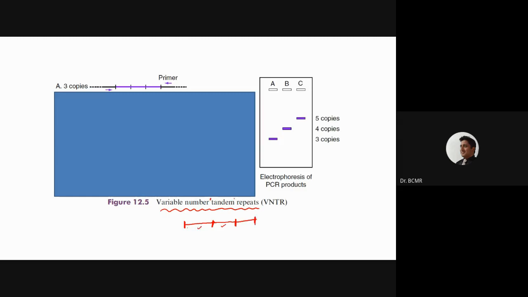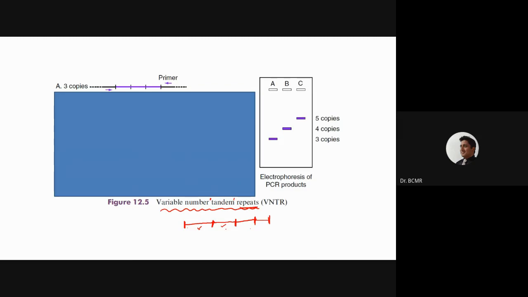When you say tandem, that means if you have multiple copies like this, those are tandem, right? And they are the same repeats. So you have tandem repeats in tandem. It's something like concatamers when we were learning about lambda phage replication or formation of new lambda virions.